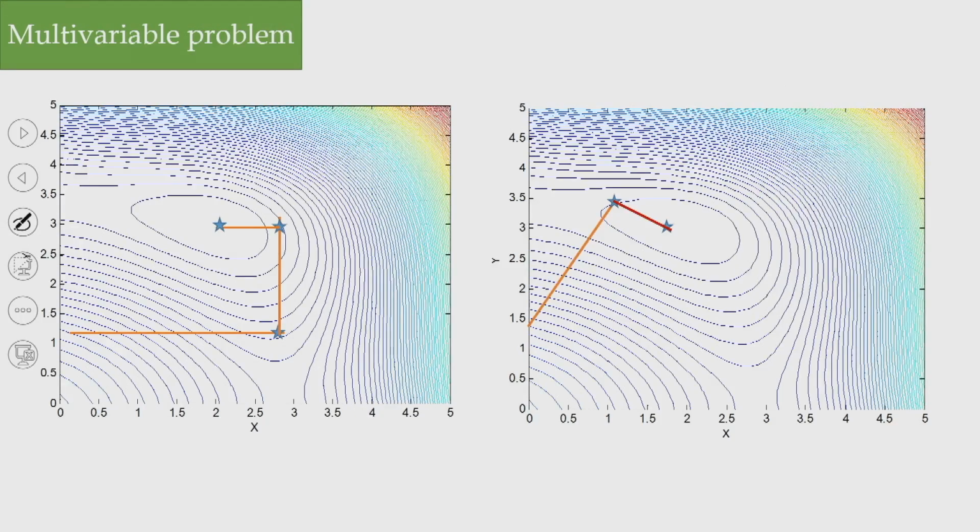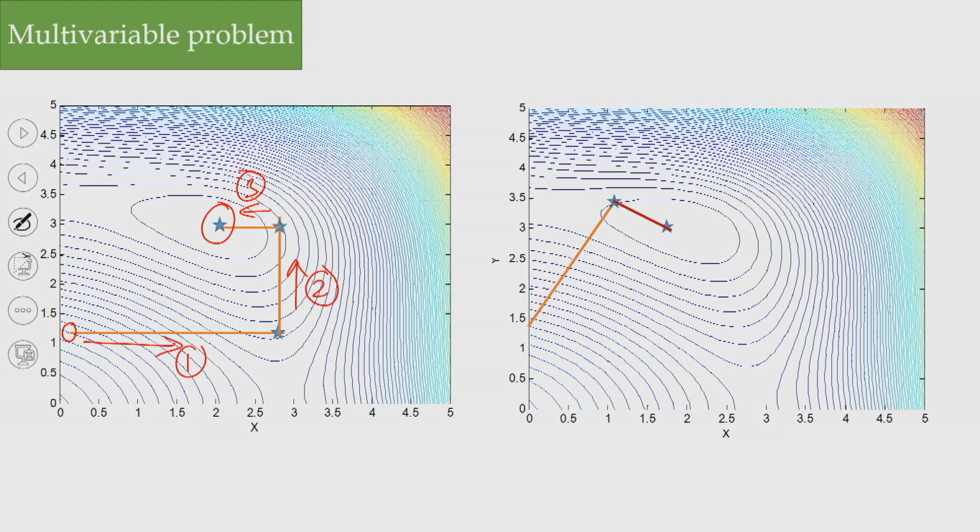So, as I said, the idea is that, in this particular problem, optimal solution is somewhere here, and you have started your algorithm from here. So, you are going along x direction, then along y direction, then again x direction, something like that. So, here probably in 3 iterations I will get the optimal solution of this particular problem.